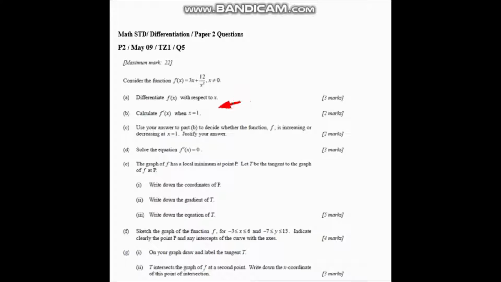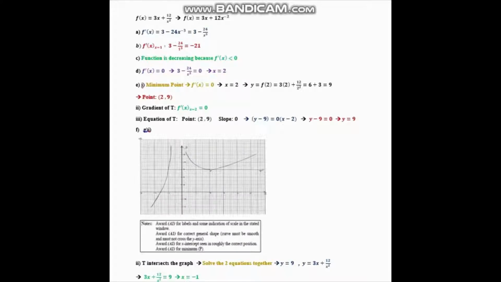In B, I'm required to calculate f dash of x when x equals 1. So I simply substitute 1 for x in the equation of f dash. So instead of this x right there, I have put a 1. Hence 3 minus 24 over 1 cubed is negative 21.